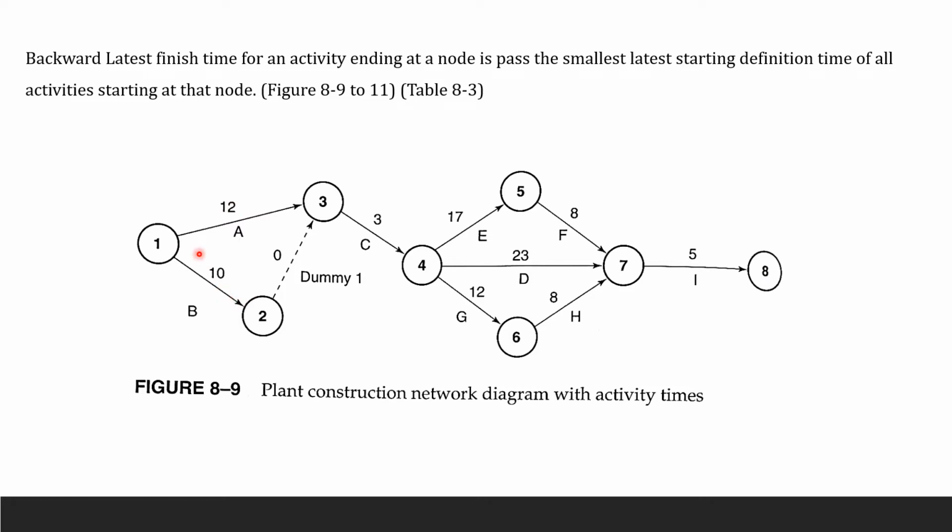For this to go to here and then to here without a path, it's going to take about 10 weeks, but that's just 0. To go from 1 to 3, the same thing, it's going to take 12 weeks. Then 3 weeks for activity C, 17 weeks for activity E. And these are the relationships between these activities.